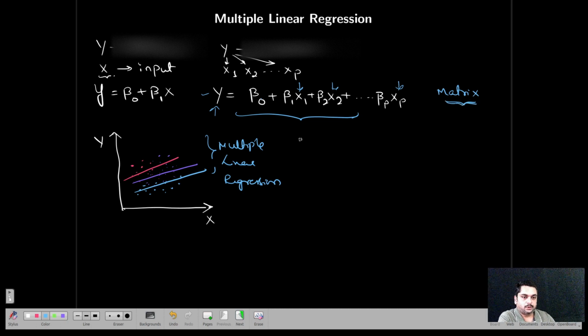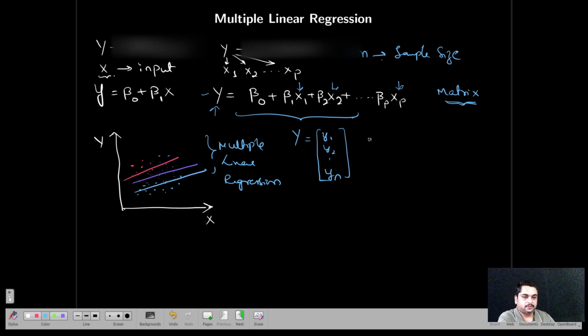So how will you convert? Let us say y is a column vector. It contains y1, y2 up to, say, yn. N is the sample size.